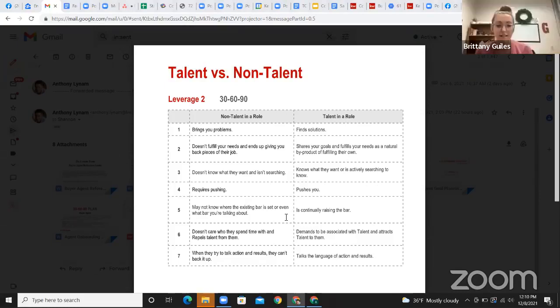Yeah. Doesn't care who they spend time with and repels talent from them, versus talent in a role demands to be associated with talent and attracts talent to them. This is one that I definitely spent some time on in my personal life. It was just a matter of, I want to be here, and this is the people that I'm hanging out with.